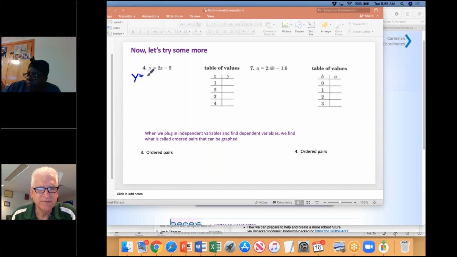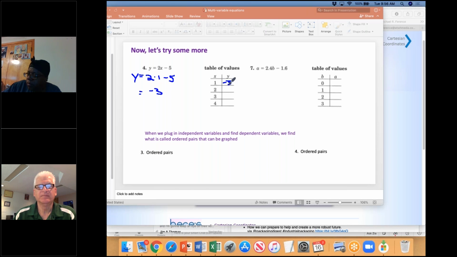For x equals 1, y equals 2 times 1 minus 5. Which is 10? Oh, no. It's 2 minus 5. So 2 times 1 is 2, 2 minus 5 is -3.